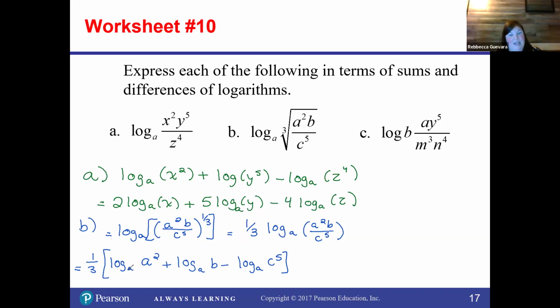So remember, this is an a and that's an a. So we're going to have 1/3, and this is just going to be left with 2 now, because what power do I put on a to get a squared? Well, it'll just be 2. So it's log base a of b minus, we're going to pull that power out, minus 5 log base a of c.